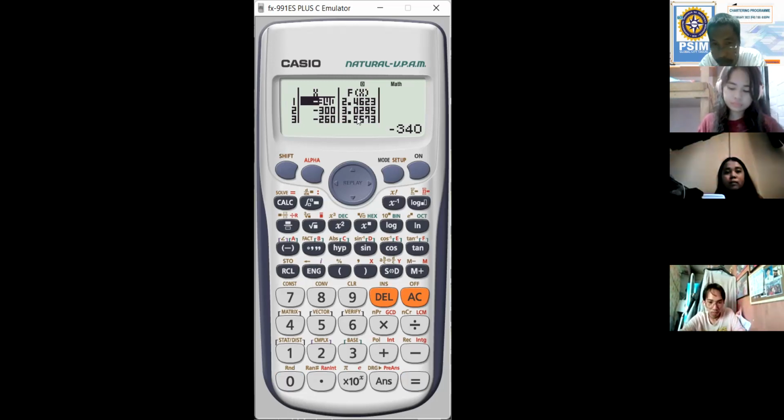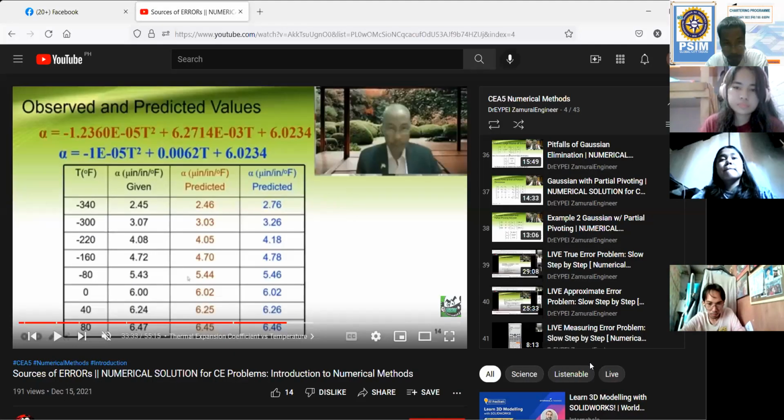As you can see in the table, compare it to the table given in the textbook. Please screenshot this table. What are the numbers in the table?